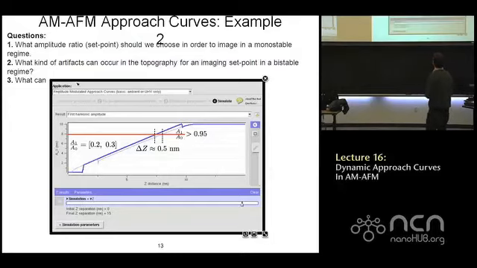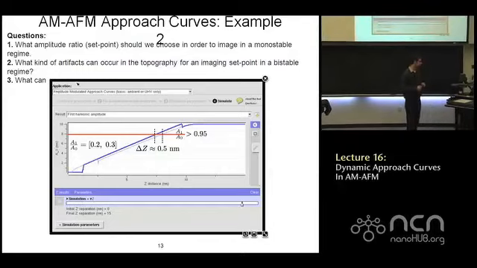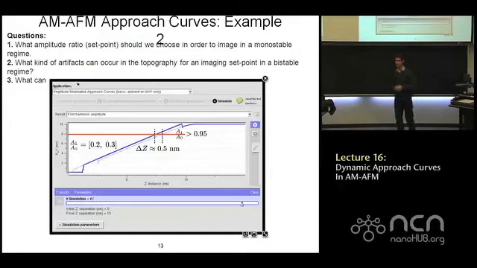In this case, if we chose the set point ratio at, say, about 80%, you can get a transition back and forth between those two stable oscillation states, and that can be an imaging artifact. Here it's about half a nanometer, which is clearly undesirable.